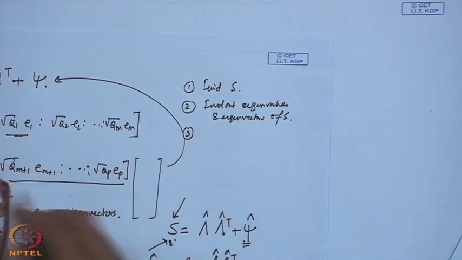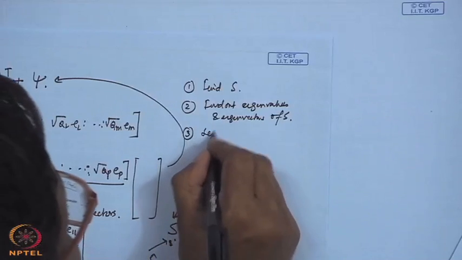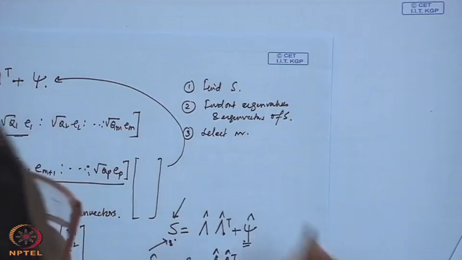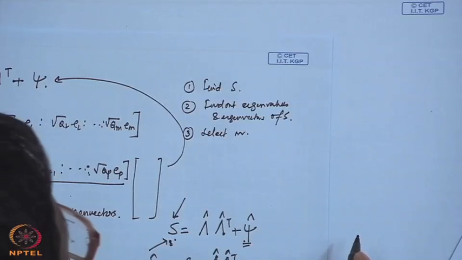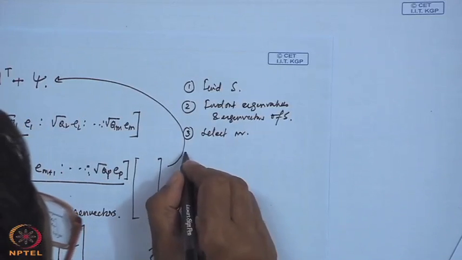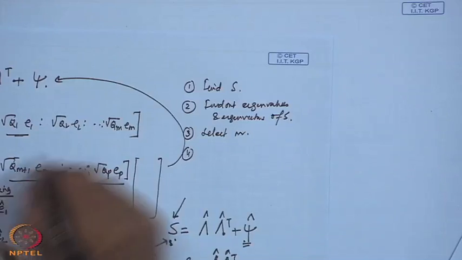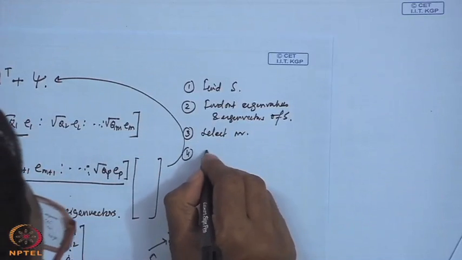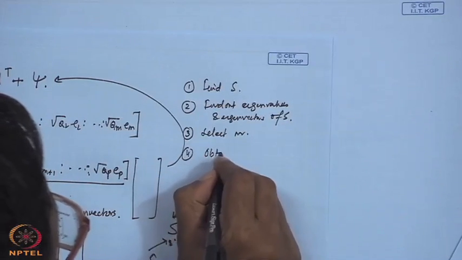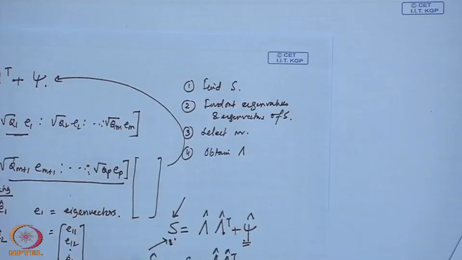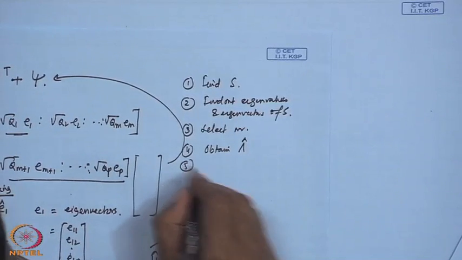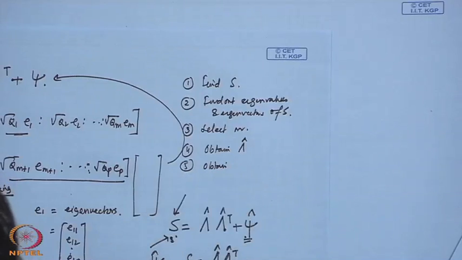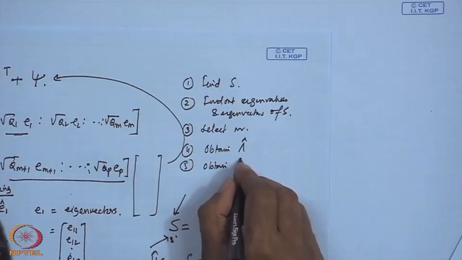Then the third one is you select M, and then the fourth one is, once you select M, find the loading, so obtain lambda, that is lambda cap. Then the fifth one is obtain psi cap.